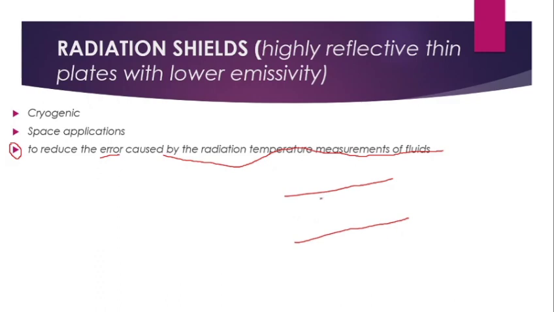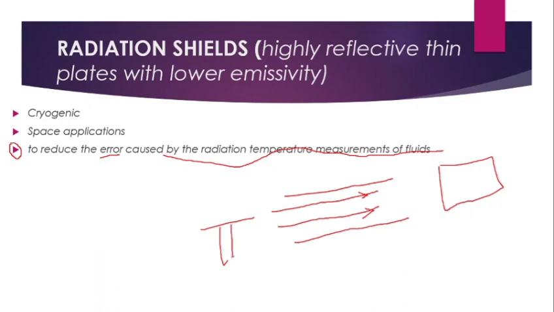But suppose we want petrol or gasoline from that area to be taken to some other area, to the storage facility. Suppose here we have a well, and from here we have this pipe, and with the help of this pipe we are transferring gasoline from point A to point B, right?